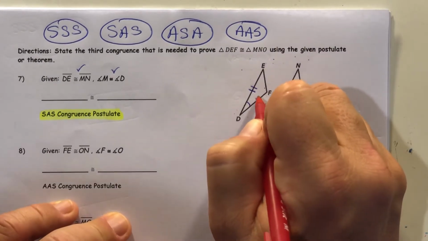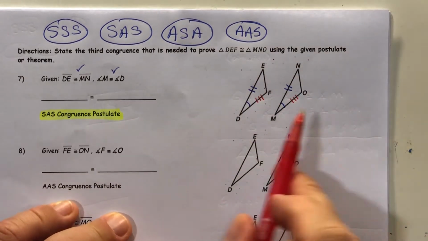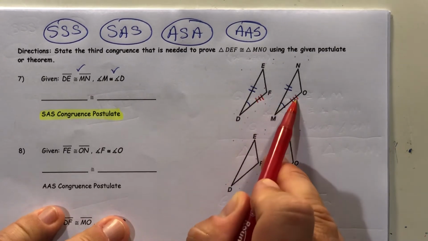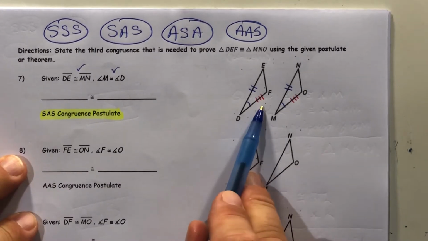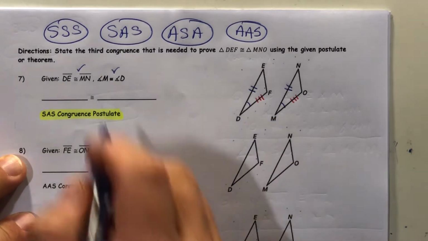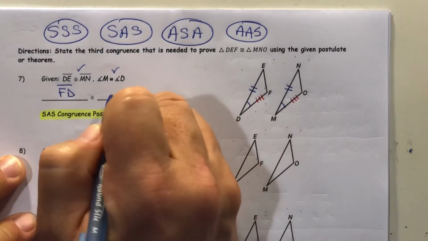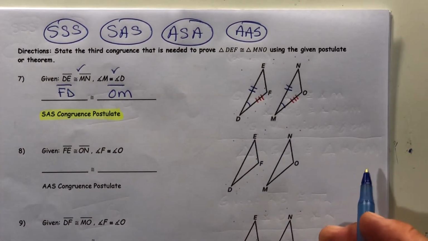So I'm going to mark FD congruent to OM. Now I would have side, angle, side, side, angle, side. So I'm going to say that I need the additional information that segment FD is congruent to segment OM. And if you wanted to, you can reverse those letters. Okay, let's keep it going.